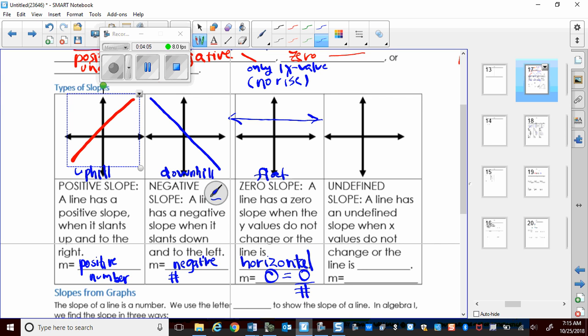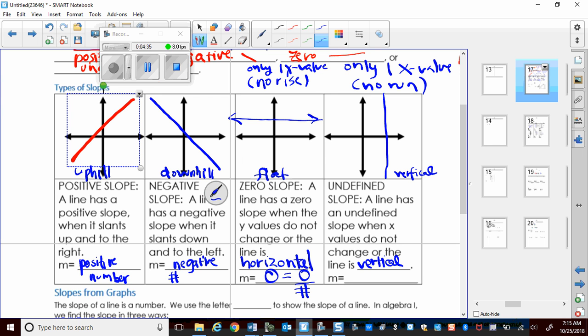On the other hand, undefined slopes are always vertical lines. It's only one x value, and there's no run, and it's a vertical line. So the line is vertical for undefined slopes.